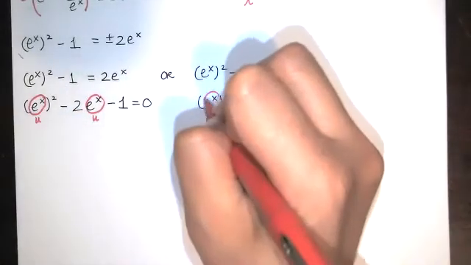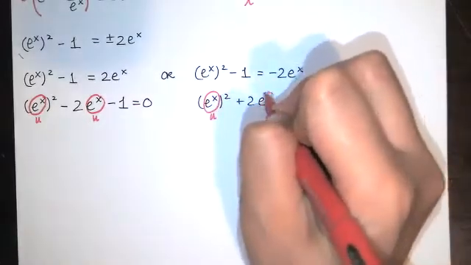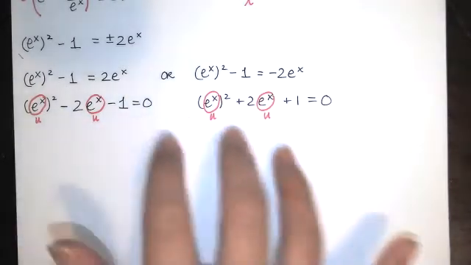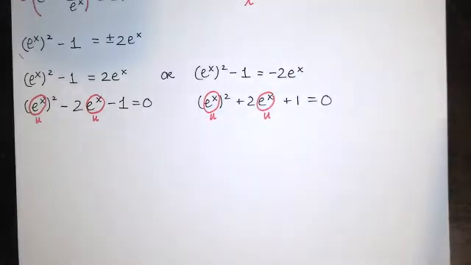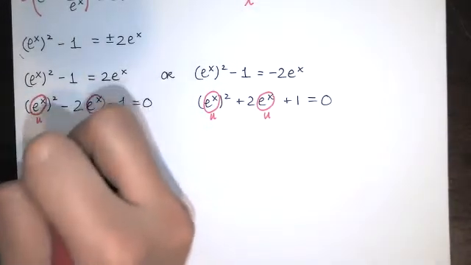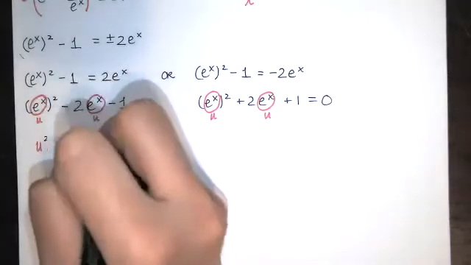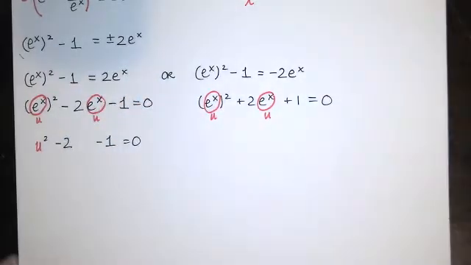And over here we've got u squared plus 2u plus 1. If we write these as quadratic equations in terms of u, and then we back substitute to solve for x, we could find the x values that make this equation true. So let's do that. We'll have u squared minus 2u minus 1 equals 0.